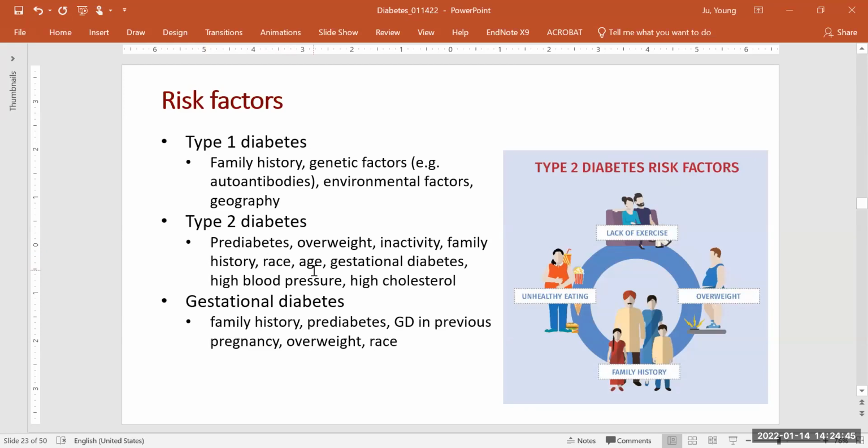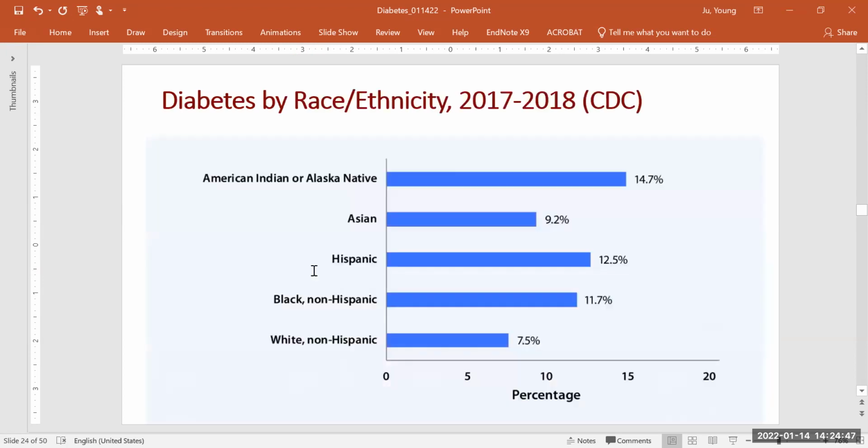Let me show the next slide first. So this slide shows the percentage of adults with diabetes by racial and ethnic group in the US between 2017 and 2018. Although it's unclear why, it appears that the percentage of adults living with diagnosed diabetes varied significantly by racial and ethnic group.